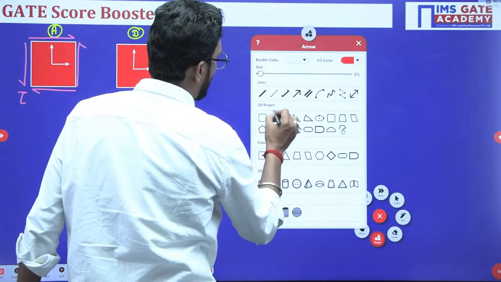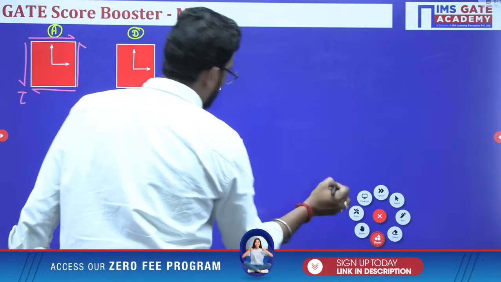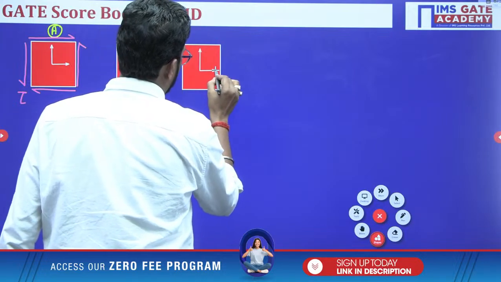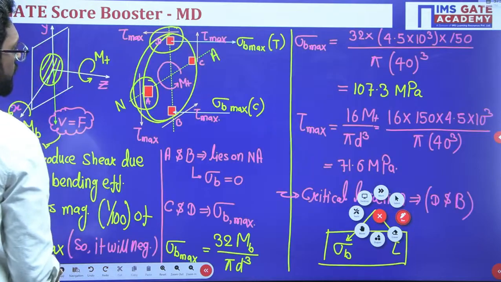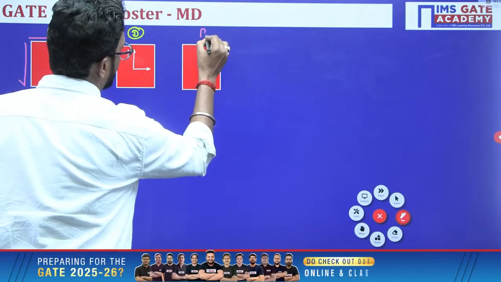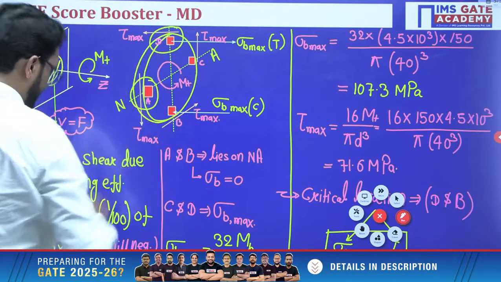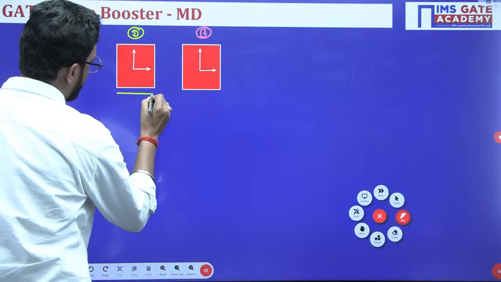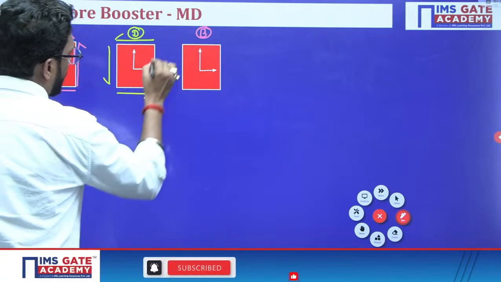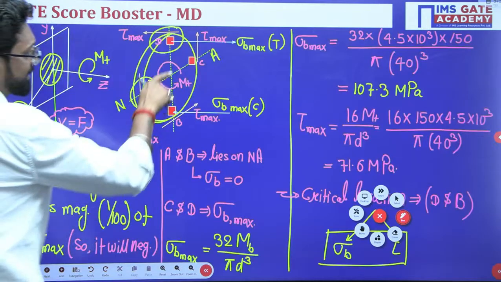Let's suppose we take one more state of stress: this is C, this is D and this is B. At D there is a shear stress, and also a tensile stress, but that tensile stress is uniaxial.